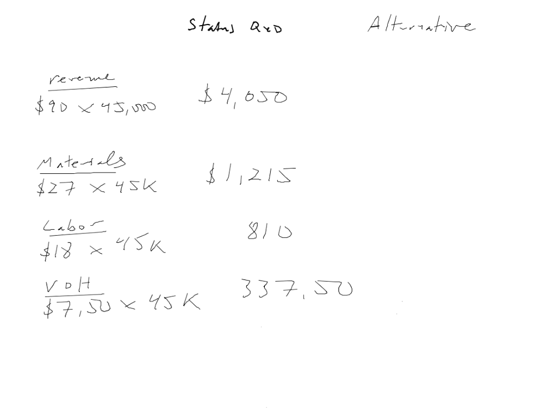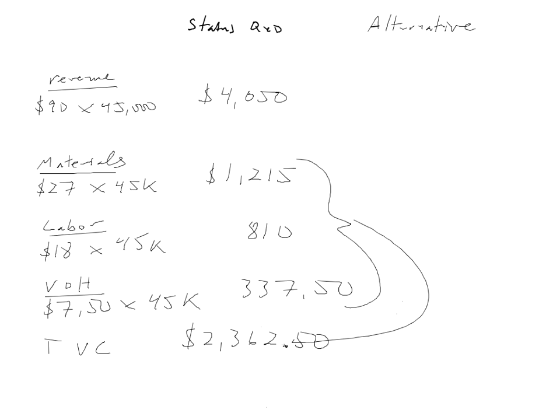So if you add up these three numbers right here, your total variable cost is going to be $2,362 and 50 cents. Now that you have your sales revenue and your variable cost, you can calculate what your contribution margin is.